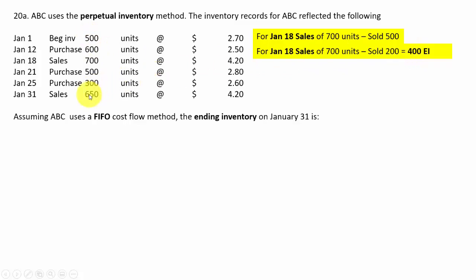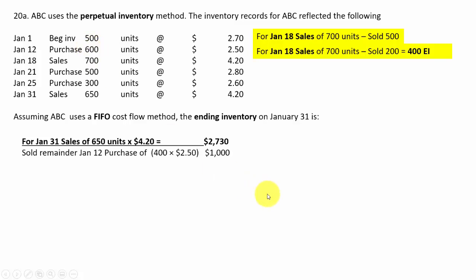Now, when we go down here a little bit further, we've sold 650 units, and the first thing we're going to pull from is going to be the 400 left we have right here. So on January 31st, we sold 650 units at $420 a piece, for total sales of $2,730. And like I said, since this is FIFO, first in, first out, of this 650, 400 will come out of this January the 12th purchase.